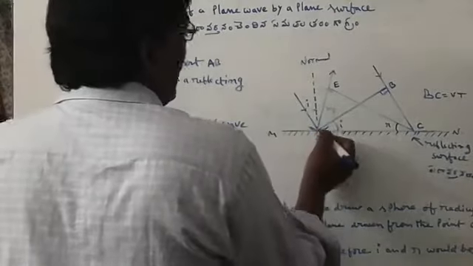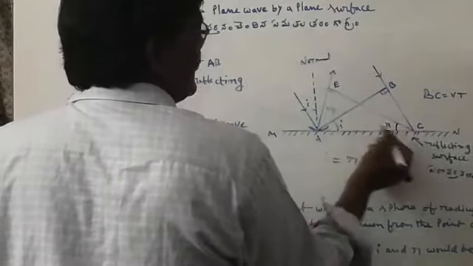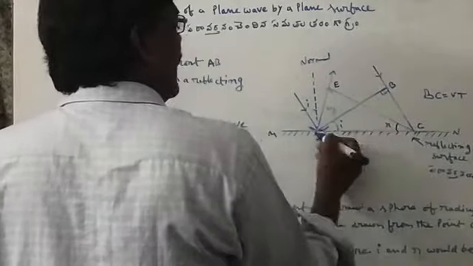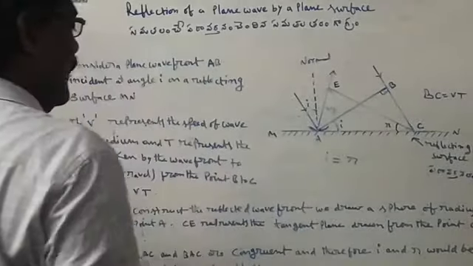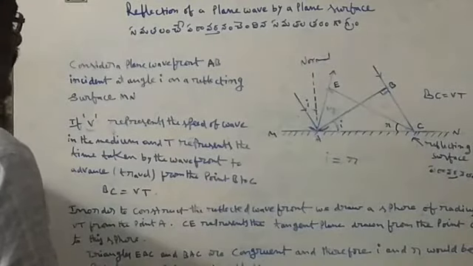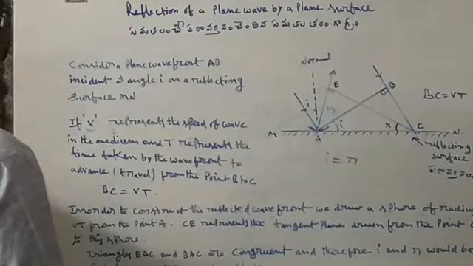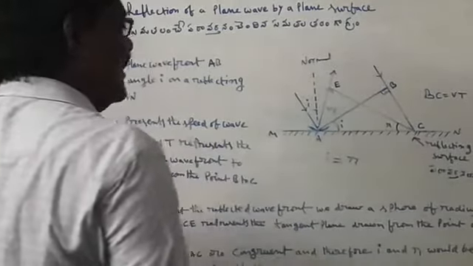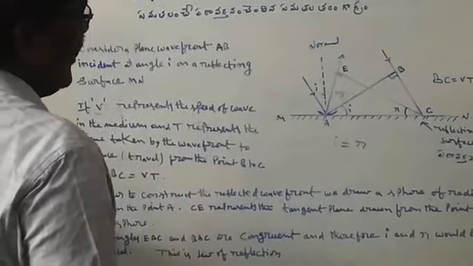Triangles EAC and BAC are congruent, and therefore the angle of incidence I and the angle of reflection R are the same. This is the law of reflection.